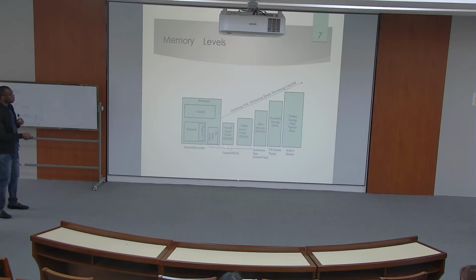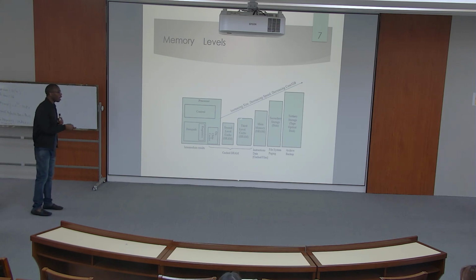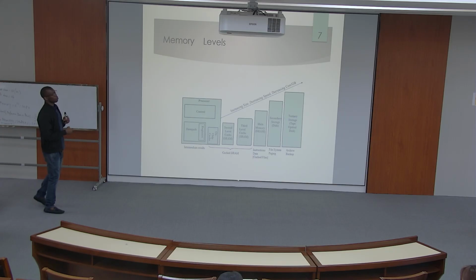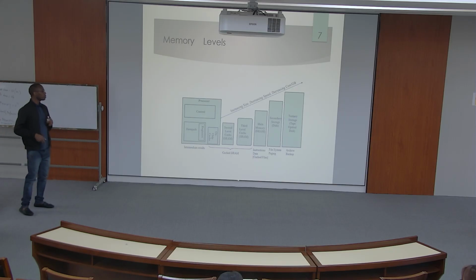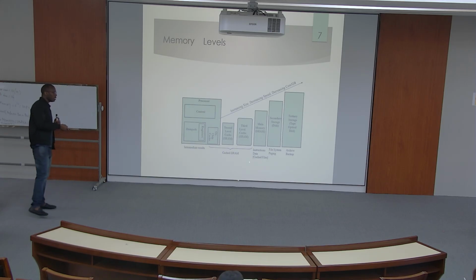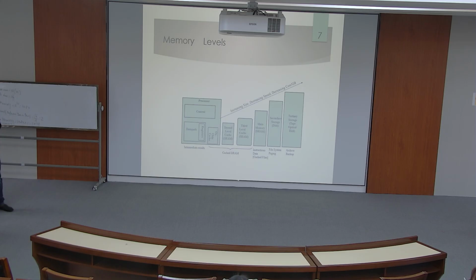They are made of static RAM. We're going to talk about what a static RAM is. And after the cache memory, we have another level of memory, which is the main memory. It is a type of DRAM memory. This is there to hold our active data and instructions.